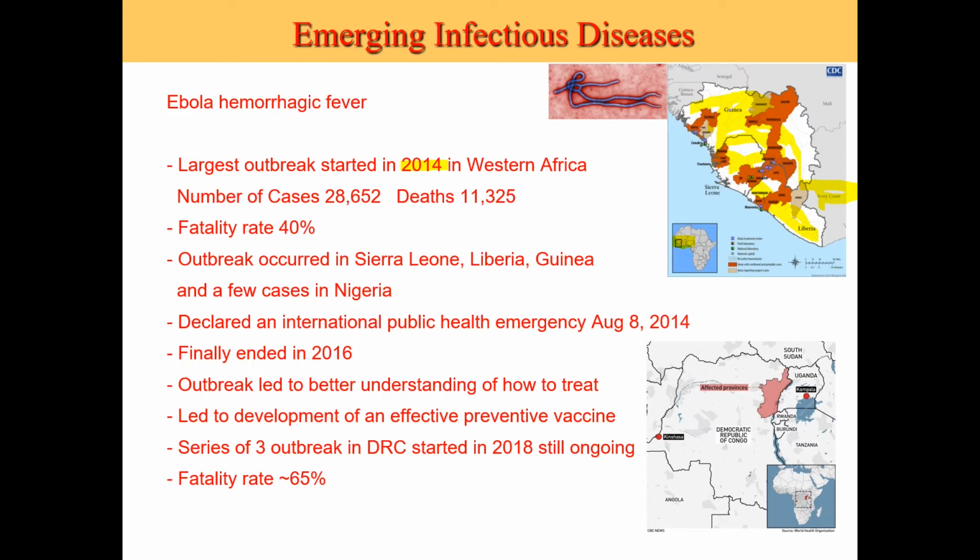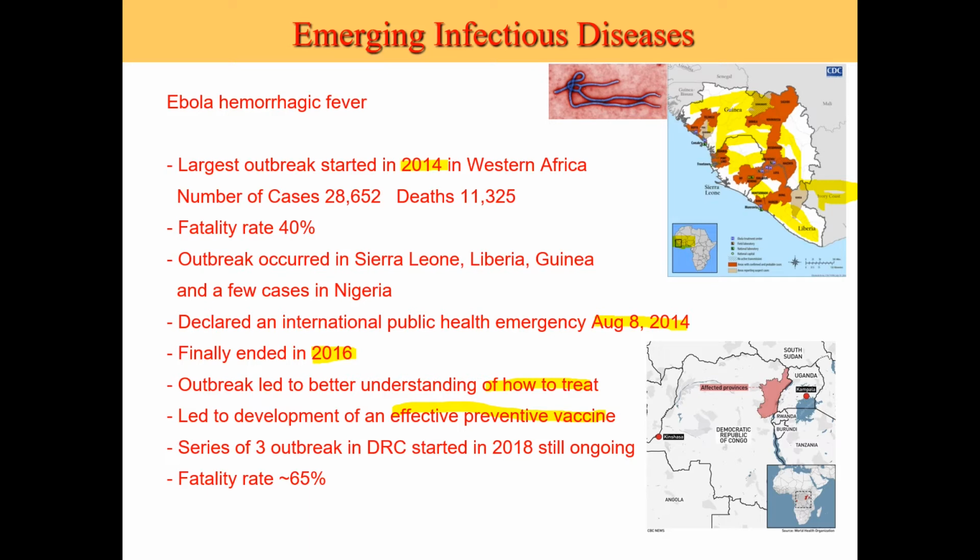The outbreak was declared an international public health emergency in 2014 and did not end until 2016. And as I said, it led to a better understanding of how to treat and an effective preventive vaccine. Since then, there have been a series of outbreaks in the DRC, the Democratic Republic of the Congo, starting in 2018 and still ongoing this year.